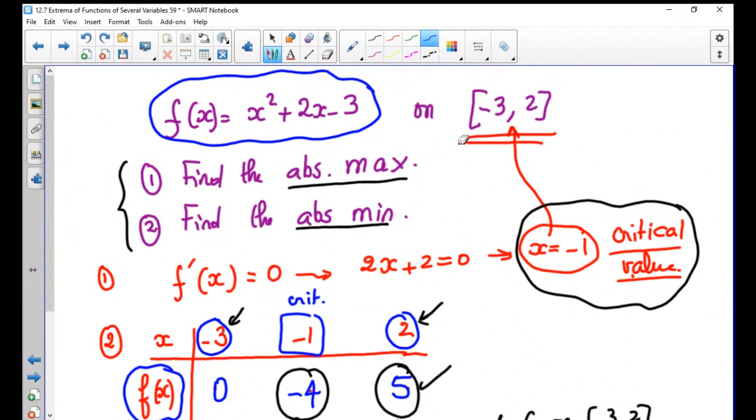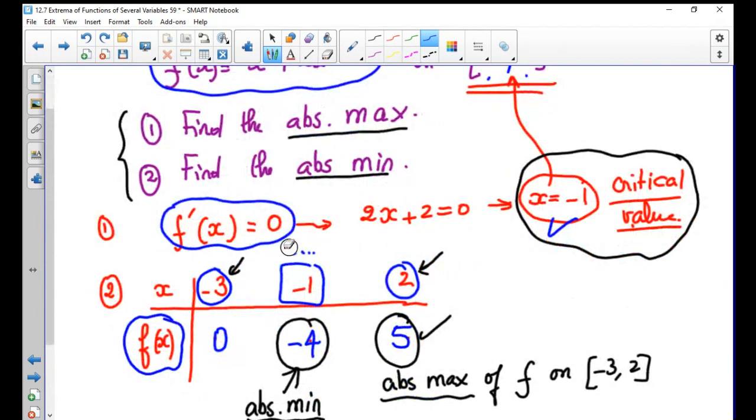But this time, instead of considering it from minus 3 to 2, suppose I consider that from 0 to 2. Now, when you try to solve f dash equal to 0, we get x equal minus 1. Now, this minus 1, is it in the interval 0 to 2?